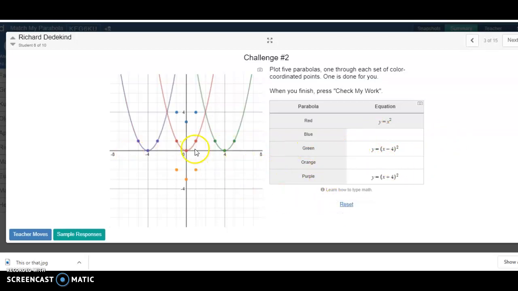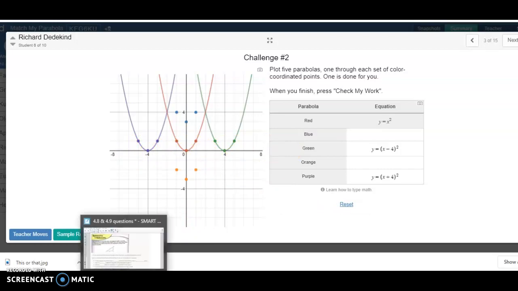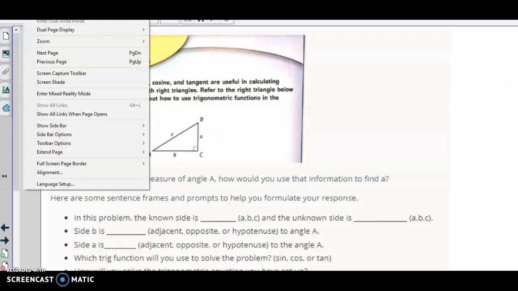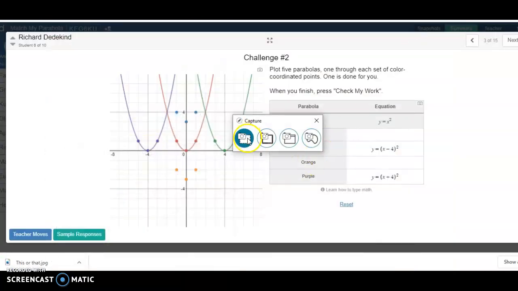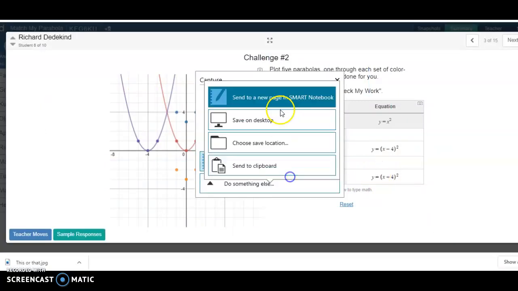If the graph is moving left or right, you just add or subtract.